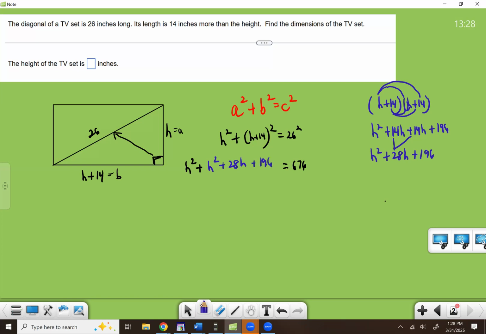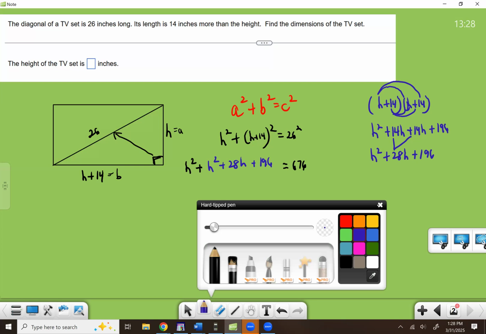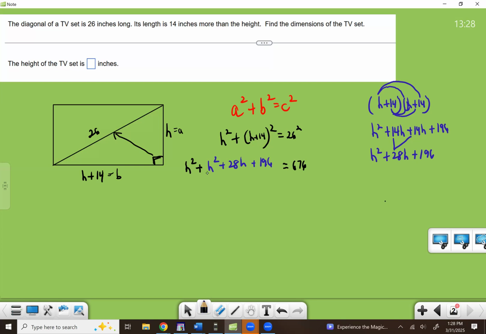Okay, so we're going to go ahead and get this into standard form. So we're going to start with our highest exponents. So h squared plus h squared gets us 2h squared. And then I'm just going to go ahead and write it from how it looks, highest exponent to lowest exponent. Now in standard form, you have to have an equal 0 over here.